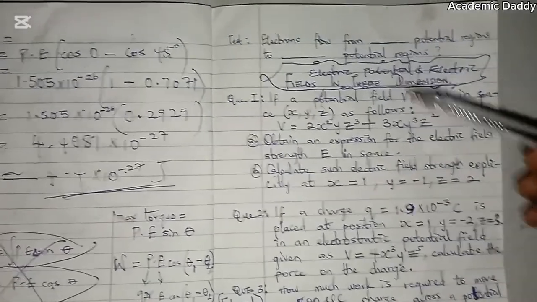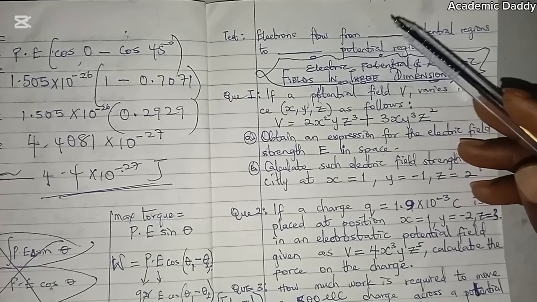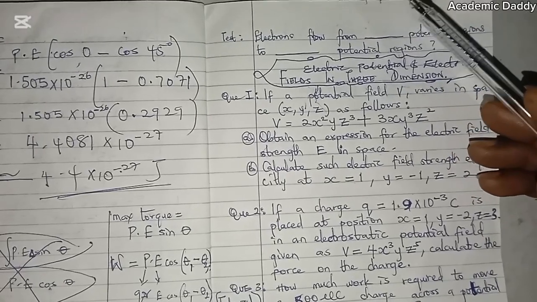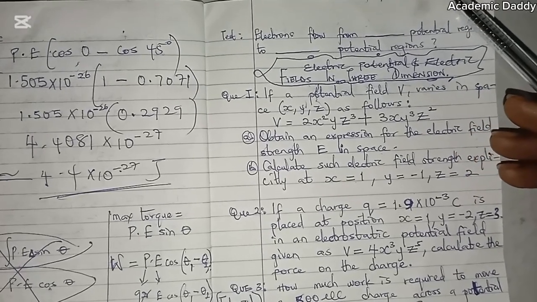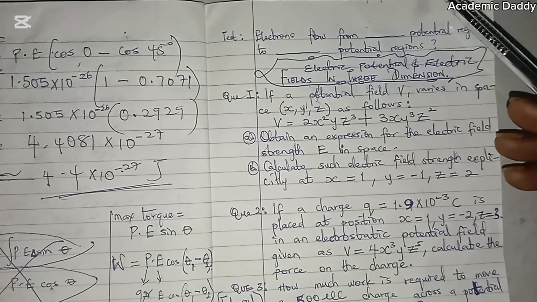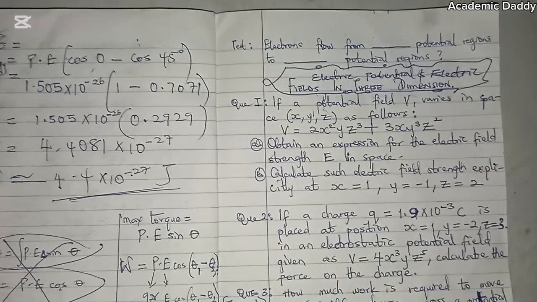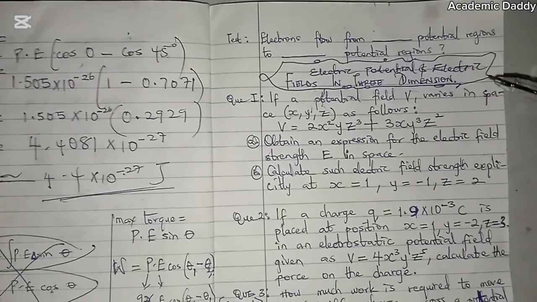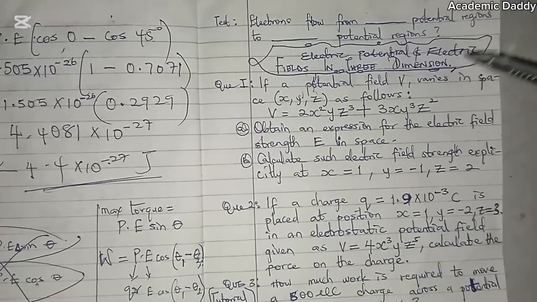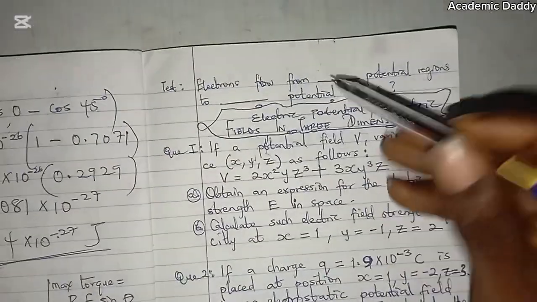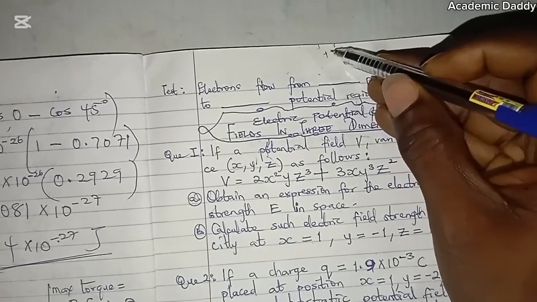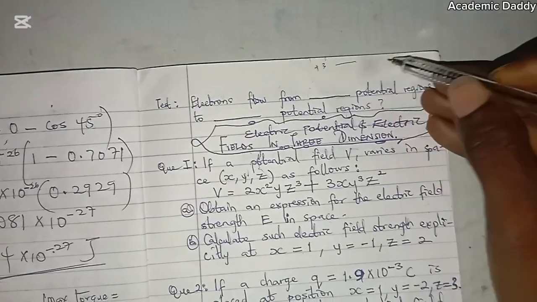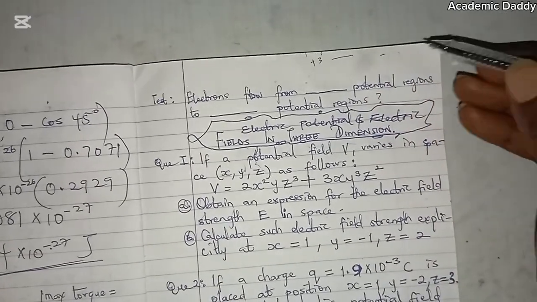That means that electric field is equal to the negative direction of the change in electric potential. So if it's maybe plus 3 now, it will have to move to maybe -1 or -2.